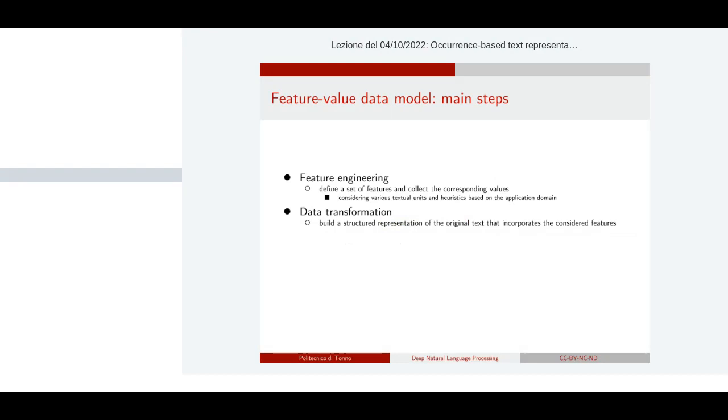It's typically high dimensional because, for example, if I would like to consider n-grams, and all the n-grams occurring in the document, the number of n-grams occurring in the document is potentially huge, is very large. So you typically need to reduce the cardinality of the number of features, reduce the dimensionality.